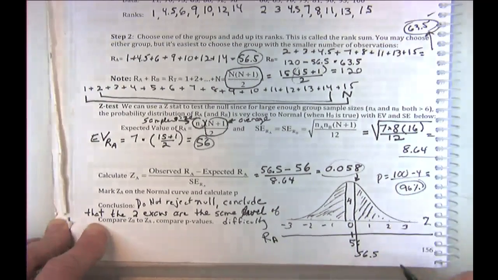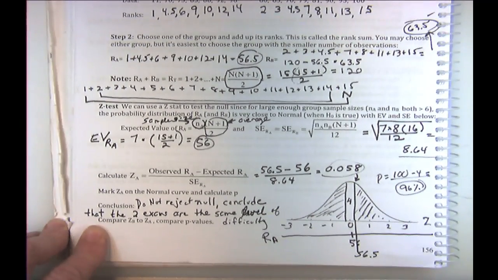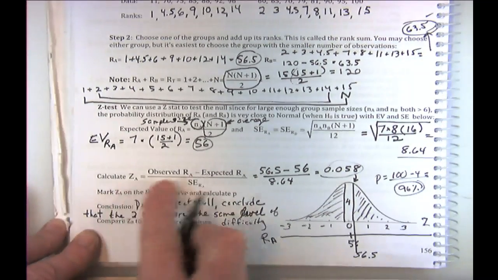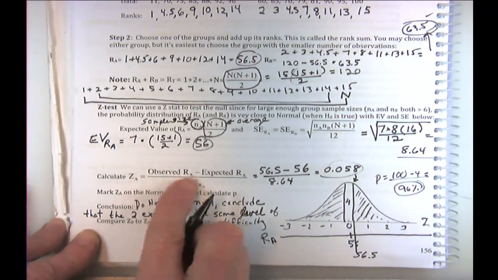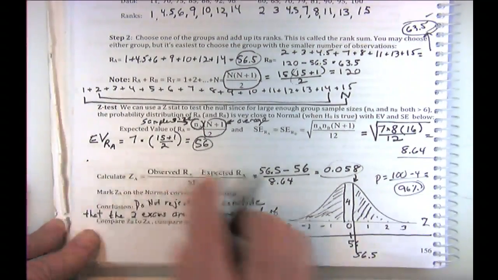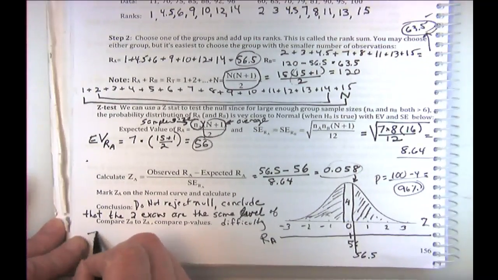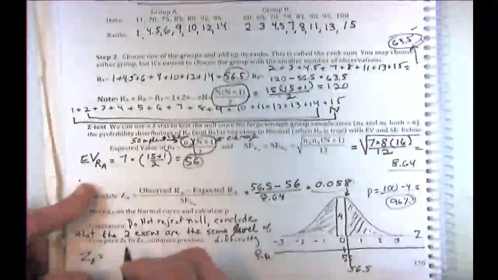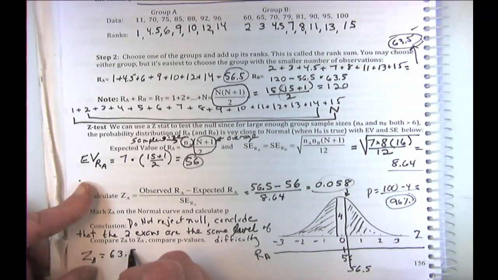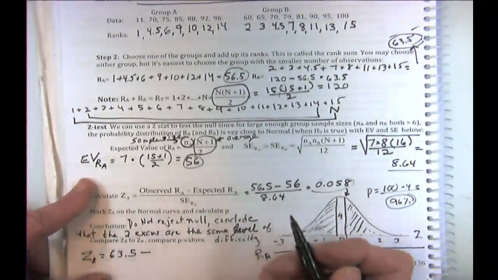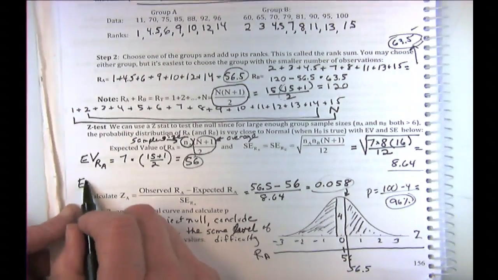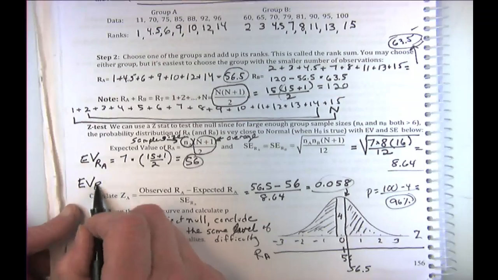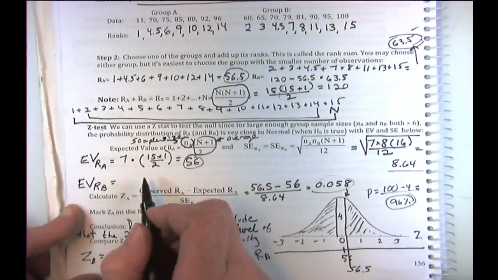Okay? Now, what if I decided to not do ZA but ZB? How would anything change? ZB would be the observed rank sum for the B group minus the expected. Our observed is 63.5 minus our expected. What would the expected be?